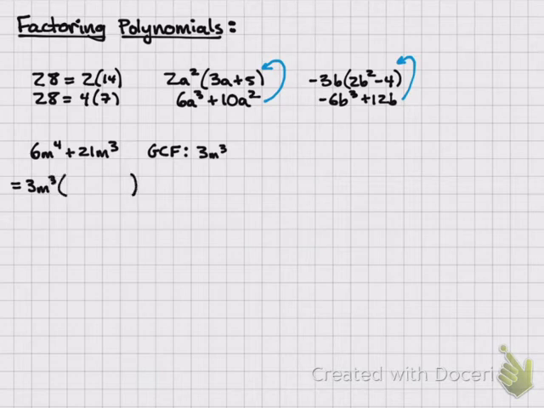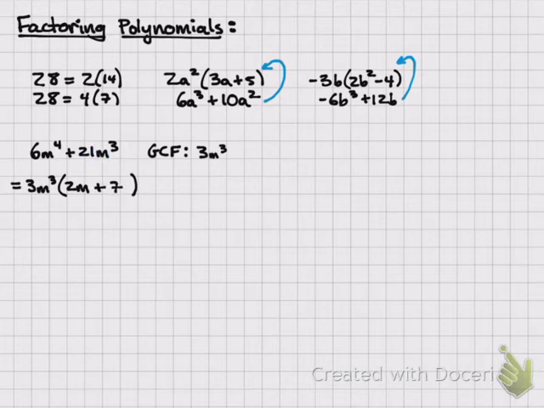So what do we have to multiply 3m to the third by to get 6m to the fourth? I think we're going to need to multiply by 2m. What do we need to multiply 3m to the third by to get 21m to the third? We've got to multiply by 7.